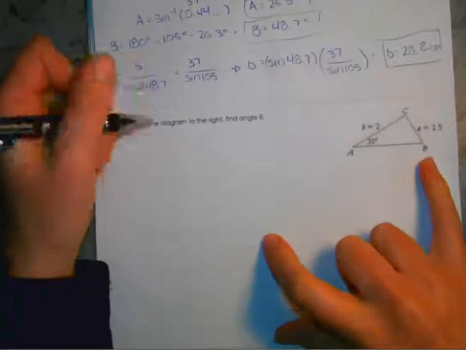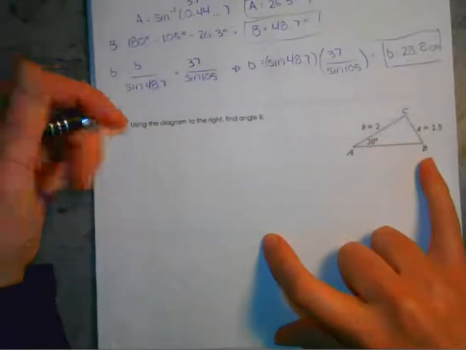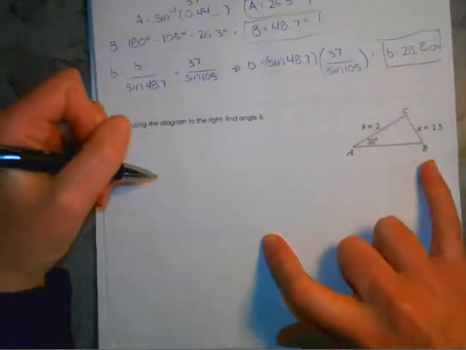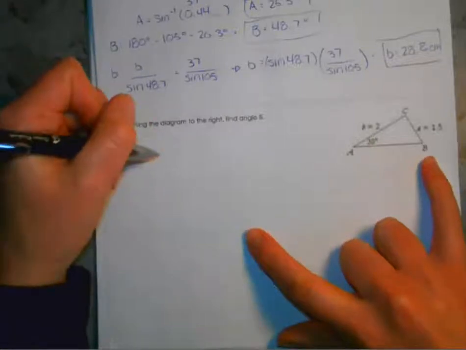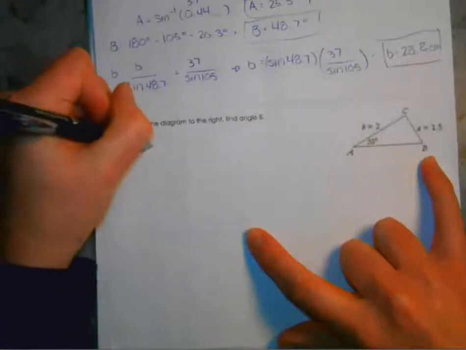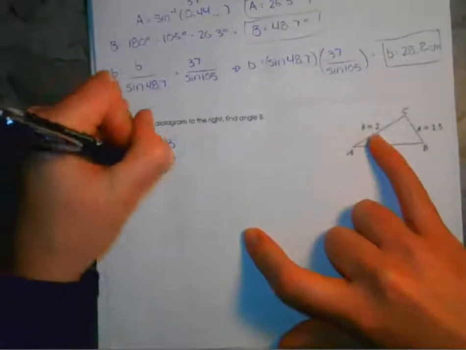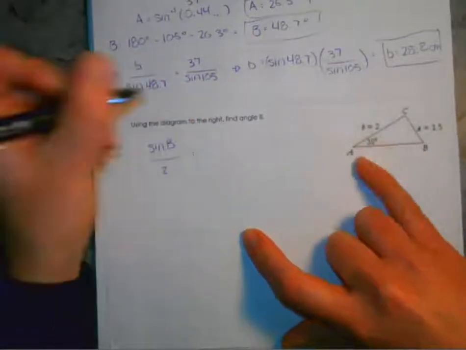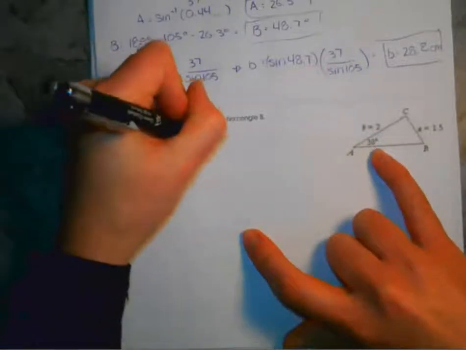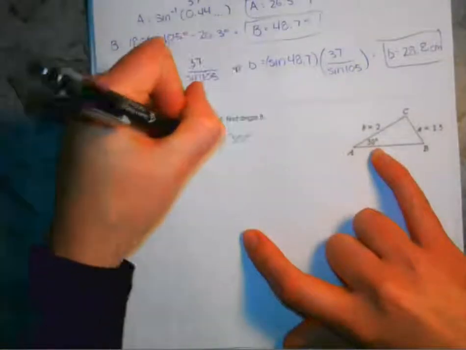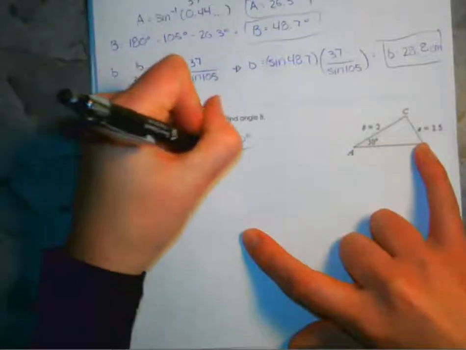The only thing we need to keep in mind is which version of the sine law we want to use. Remember, if your angle is what you're looking for, it's easiest if you use the one with the angle on top. So sine B over side B, which is 2, is going to be equal to sine A, which is sine of 30 degrees, over side A, which is 1.5.